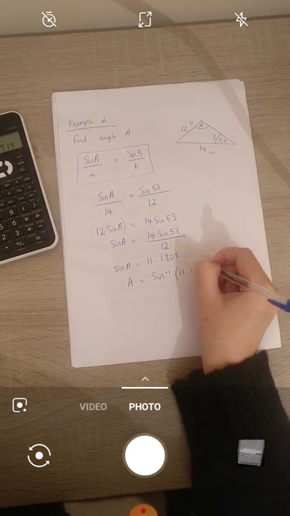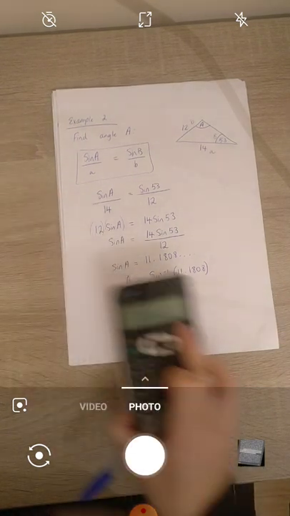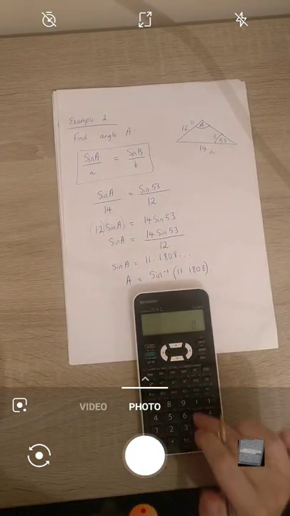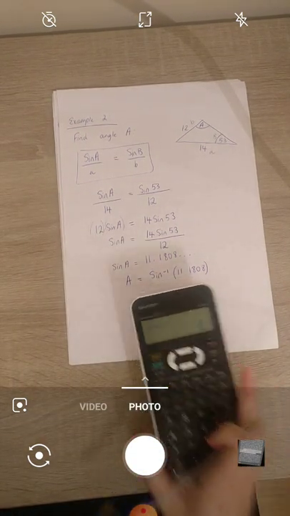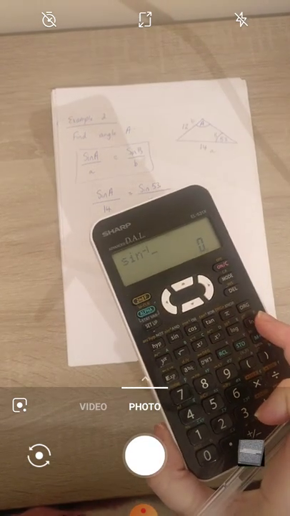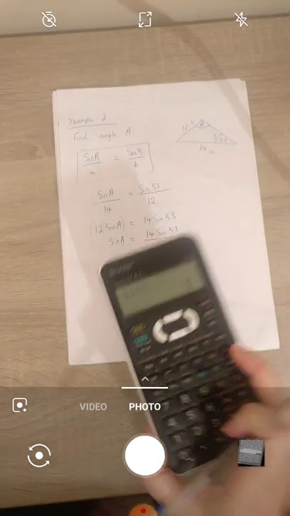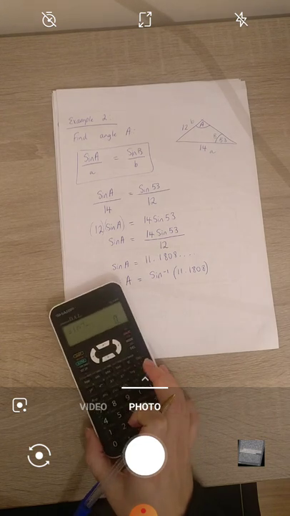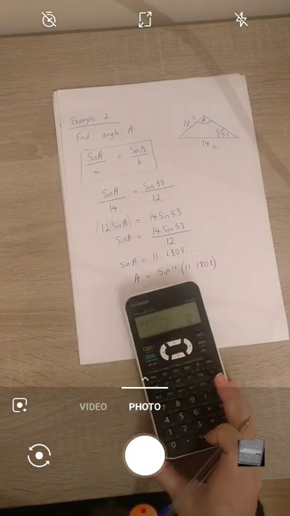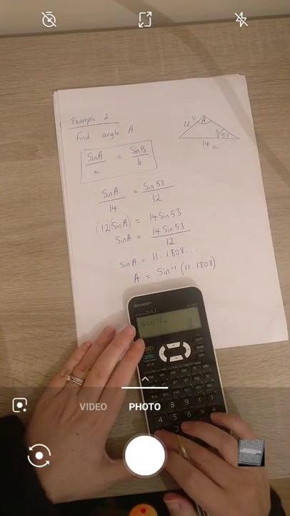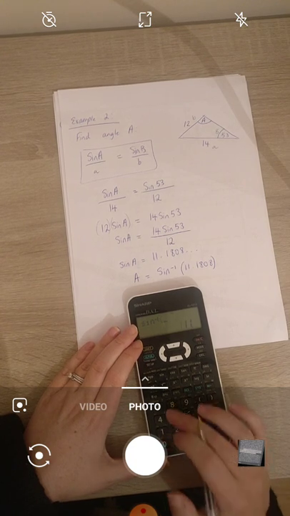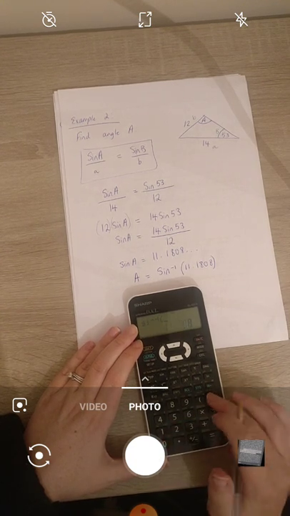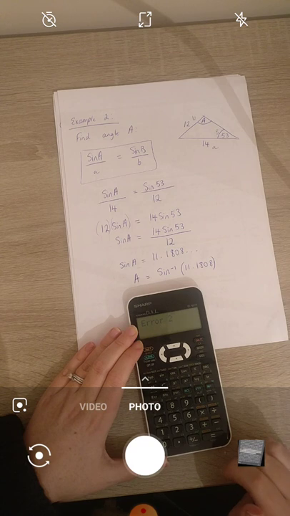So I'm now going to have to put into the calculator second function sine, because remember we're looking for that power of -1. So when I put in second function sine, I'm going to open a bracket and I'm going to put in 11.1808 and I'm closing that bracket.